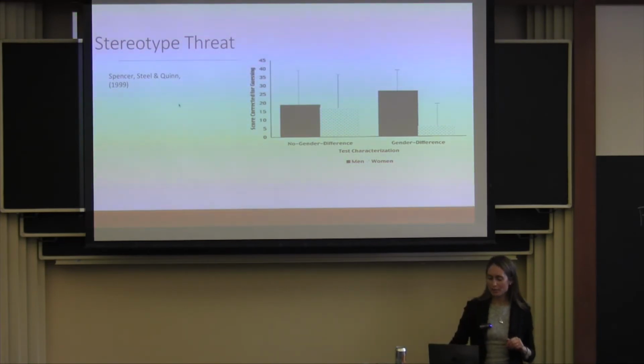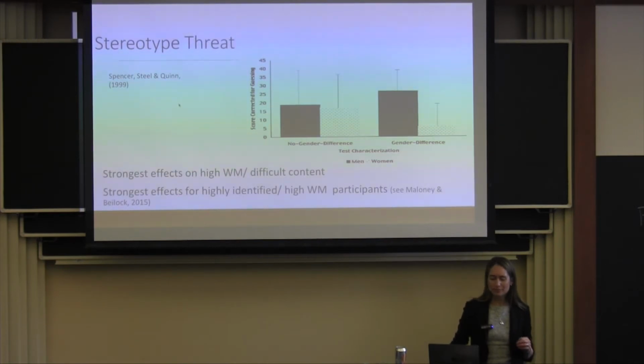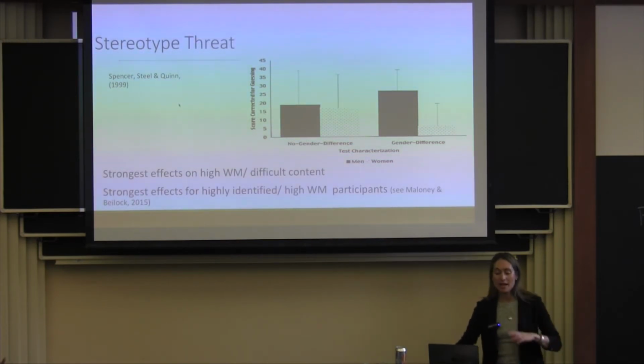And most of this work has always been about performance, but not about learning. Other work done here by Sian Beilock and colleagues, Susan Levine as well, has shown that you see the strongest effect of these stereotype threats for high working memory or difficult content. So on a test that has low working memory demand, you might not see these effects show up, but on items that require more working memory, you see it in a more serious way.